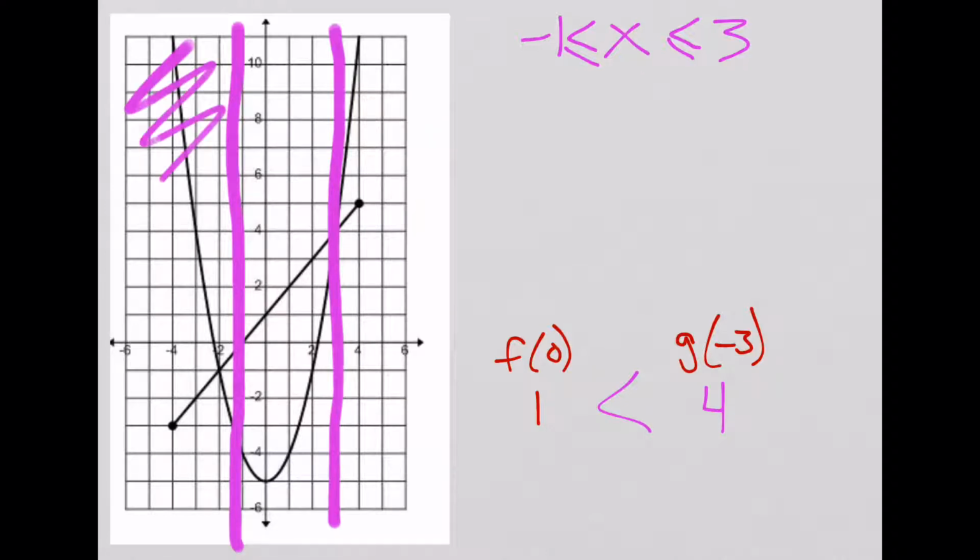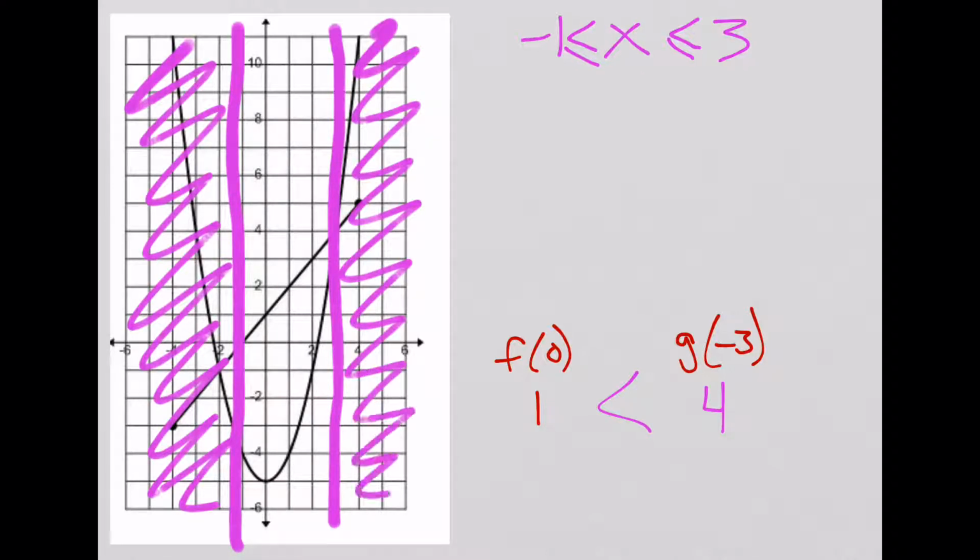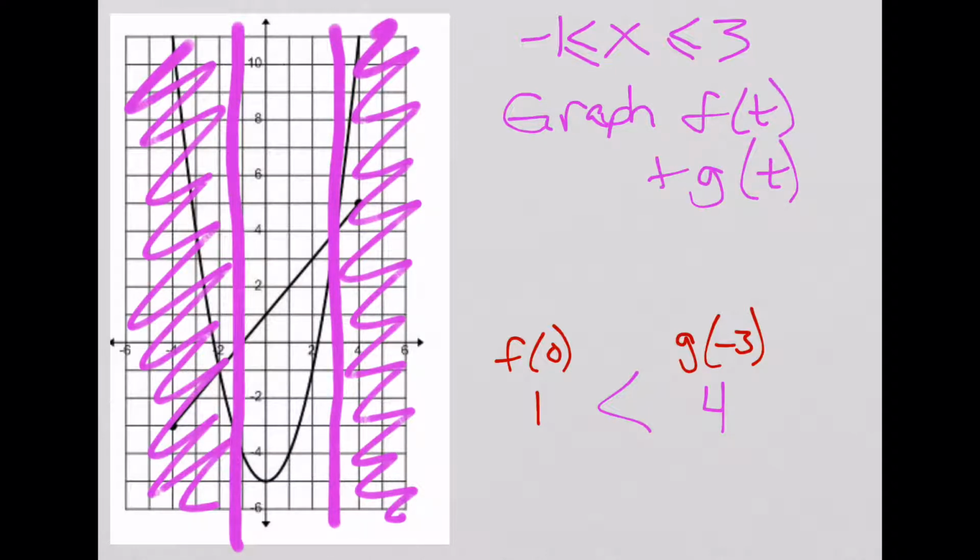Okay, so I am not interested in anything over there or in anything over there. We have whacked all that stuff off, thrown it away. We are just looking in between negative 1 and 3, and the instructions are that in between there we are supposed to graph f of t plus g of t. I need to add these two functions together.